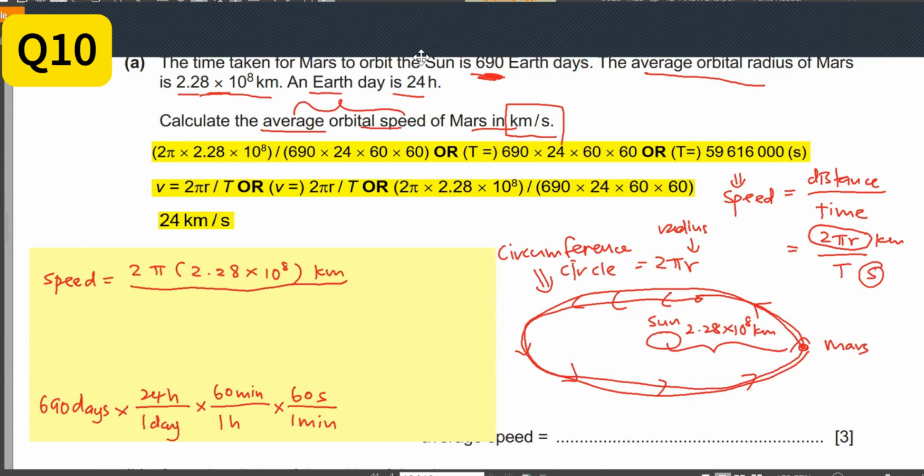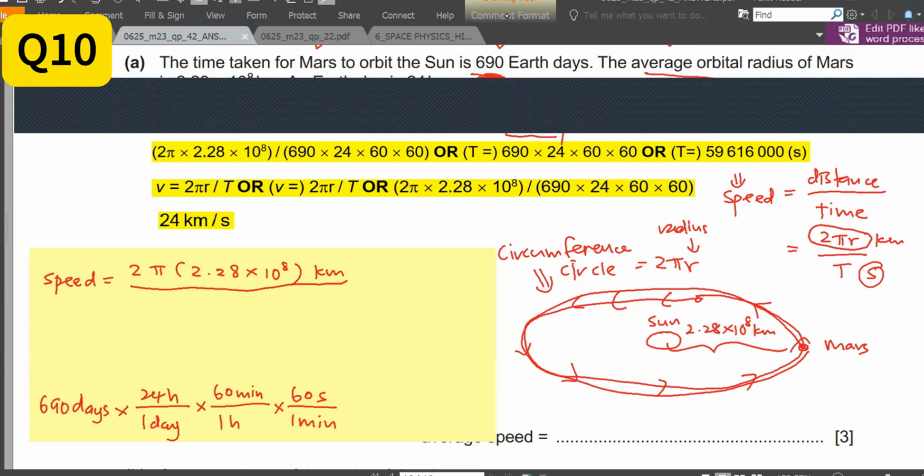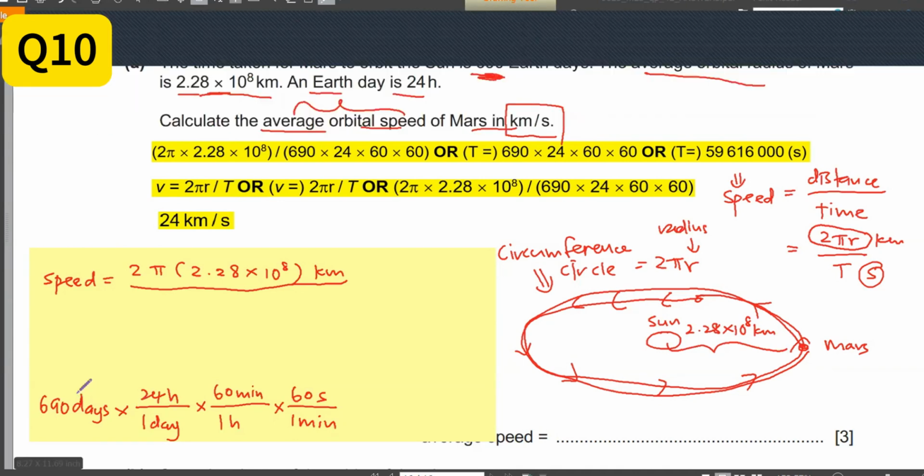So this works out. We can cross out the units that we don't want, and finally we are left with seconds, which is what we want.